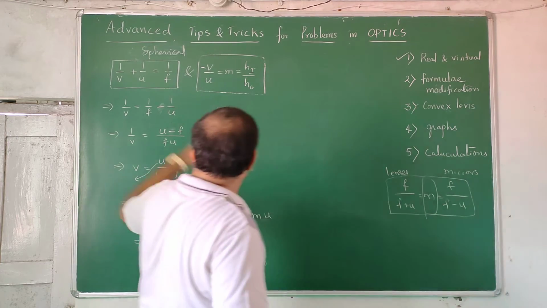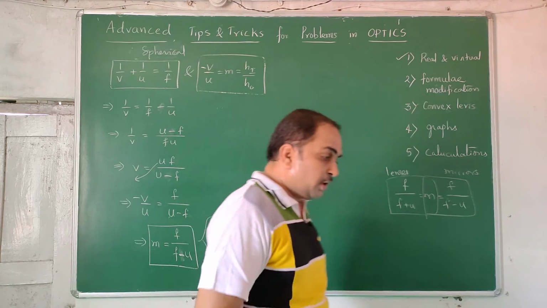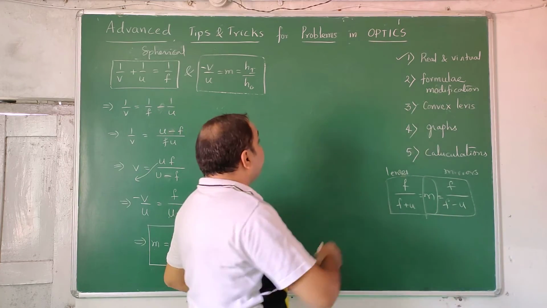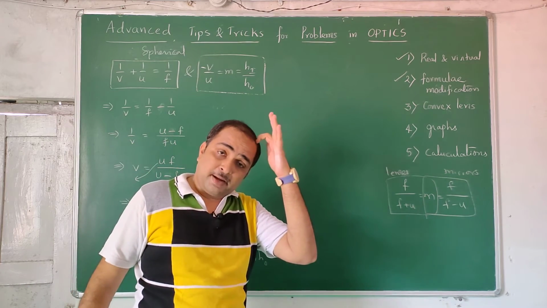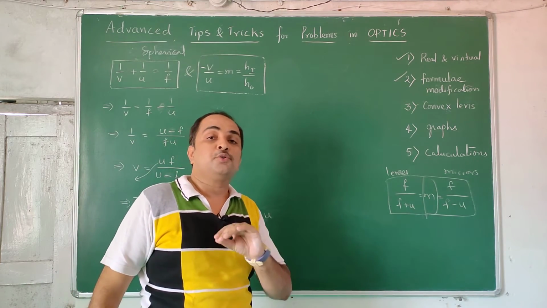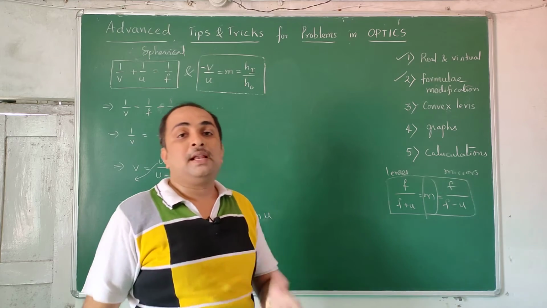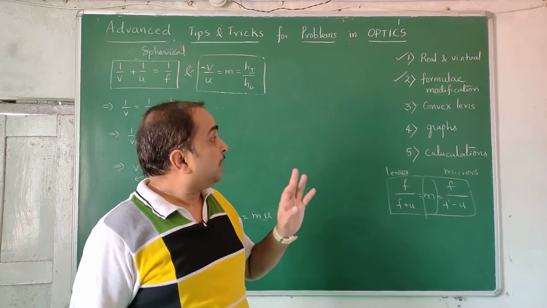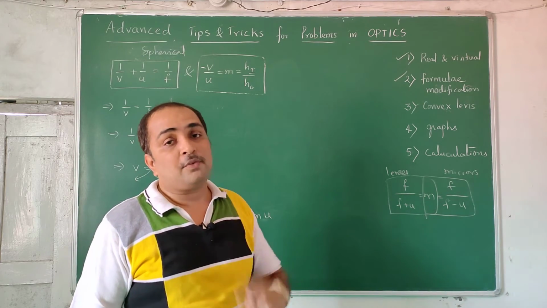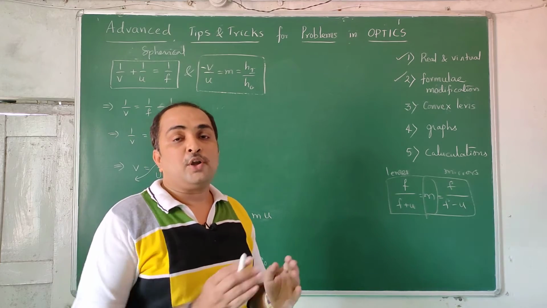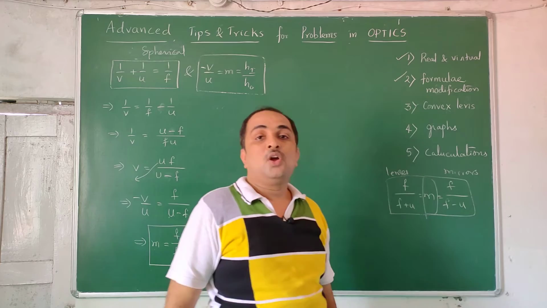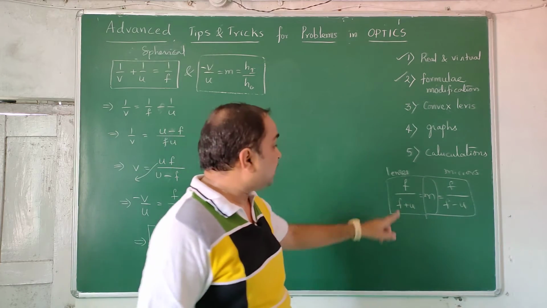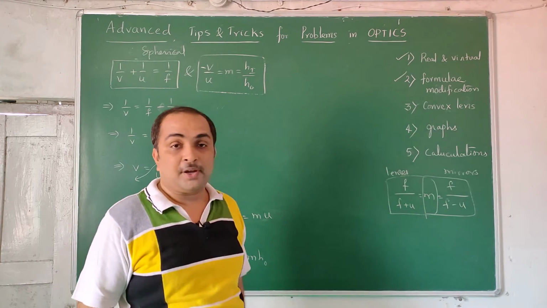You see why? Because so many steps you can skip. So the second part is formula modification. The first part was what is real and what is virtual rays. Don't use the words real images, virtual images; use real rays, virtual rays. Next is formula modification, two types: for concave mirror and convex mirror, f by f minus u; for convex lens and concave lens, f by f plus u. This will give magnification.